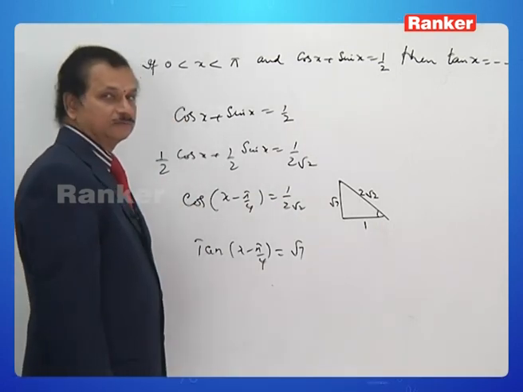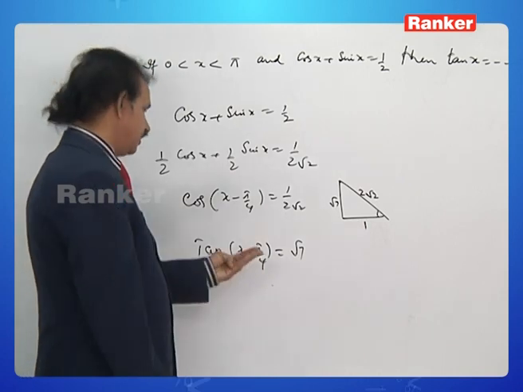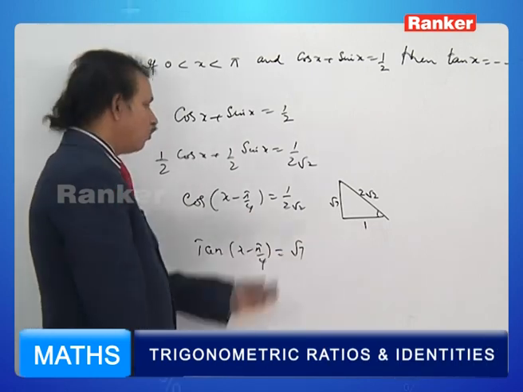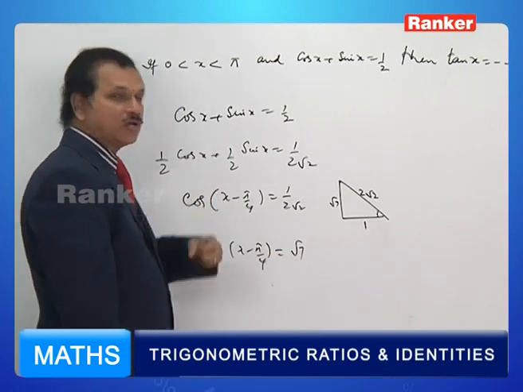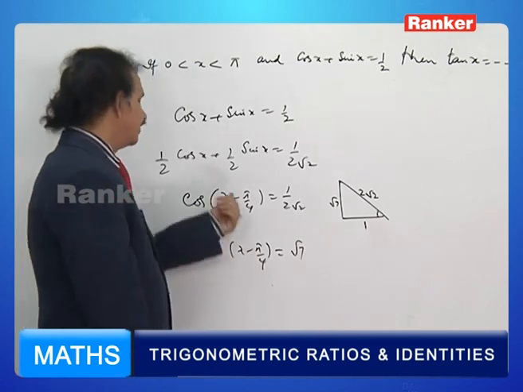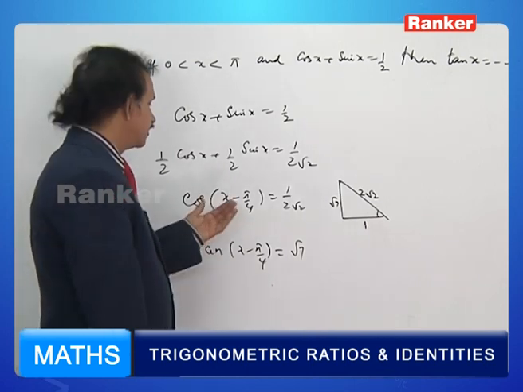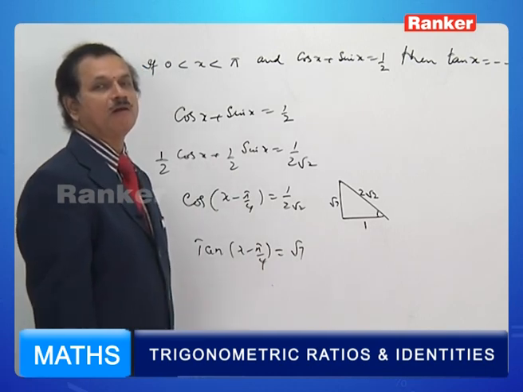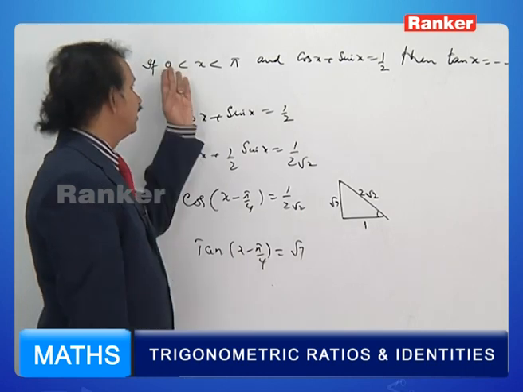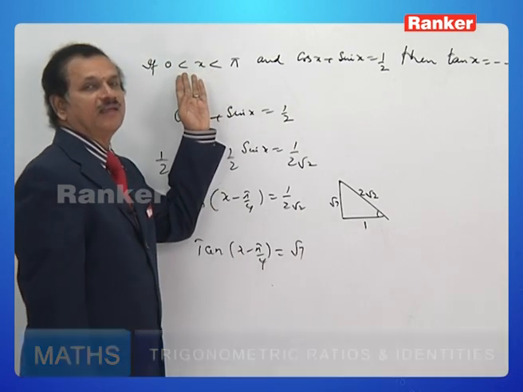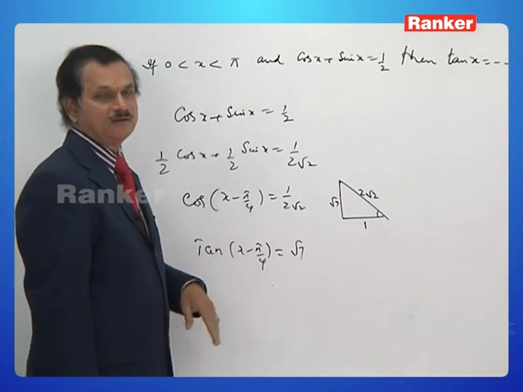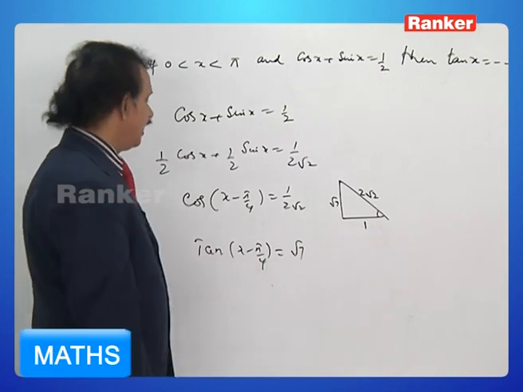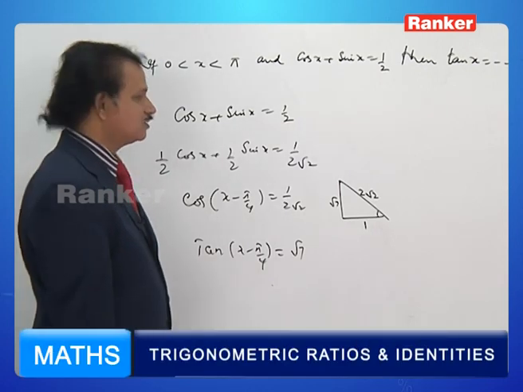Why am I able to say directly that x minus pi by 4 is acute, so tan of (x minus pi by 4) is also positive? Why are you confirmed to say that x minus pi by 4 is acute? Cos theta is positive, so it should lie either in the first quadrant or in the fourth quadrant. But in the beginning he says that x lies either in the first quadrant or second quadrant. So x minus pi by 4 should lie in the first quadrant. That is why it is positive. Tan of (x minus pi by 4) is root 7.